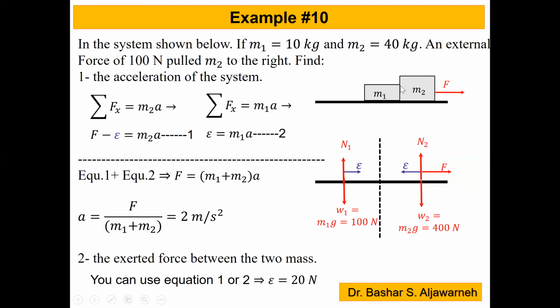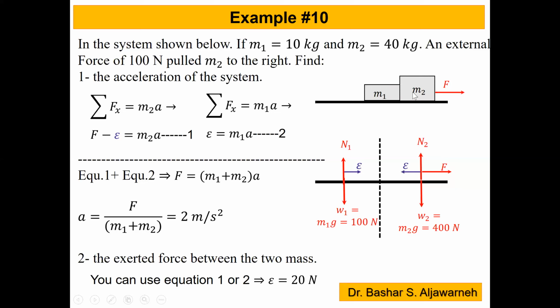Between m1 and m2, we have a horizontal contact force, which I will call E21, the force exerted by m2 on m1. Same procedure, we have another force exerted from m1 on m2.